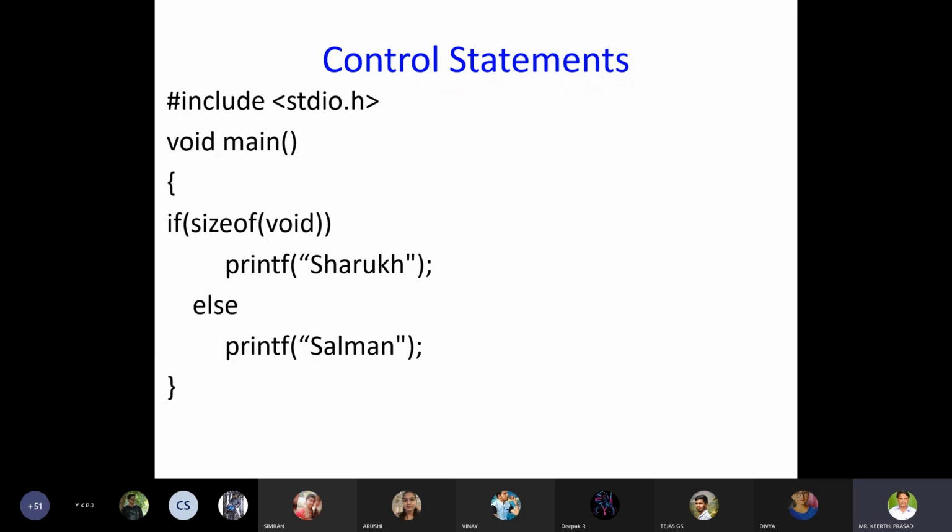Now, what result are you expecting from this code? Shahrukh or Salman? Salman, sir.